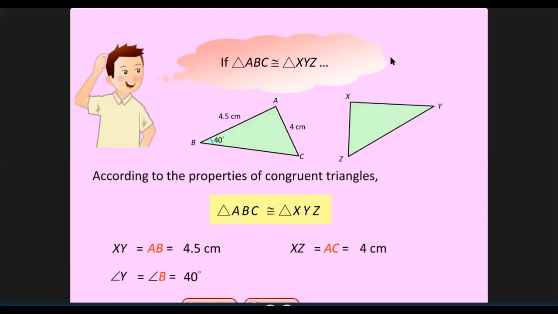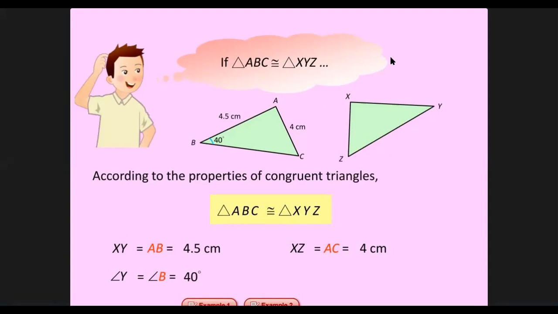What is the measure of angle Y? Abdullah? Yes, miss, 1 second. How will we calculate the measure of angle Y?